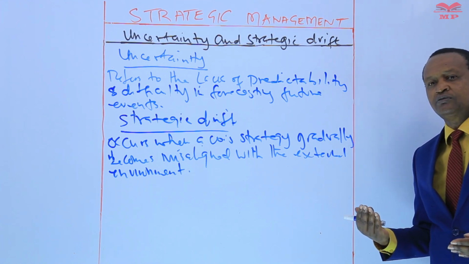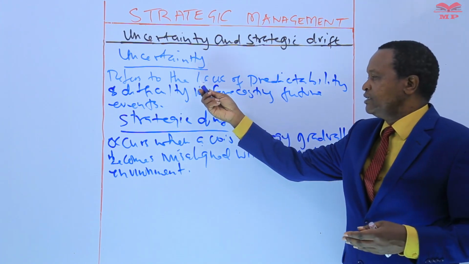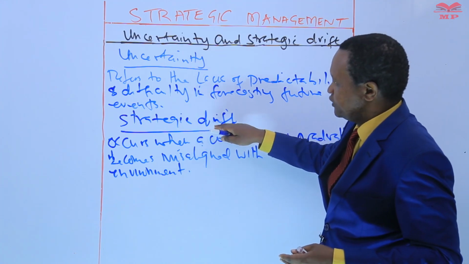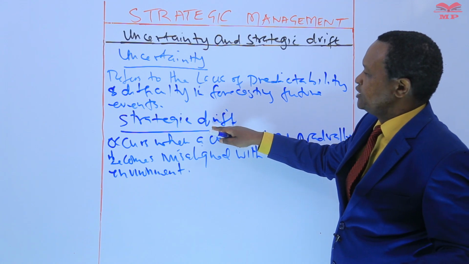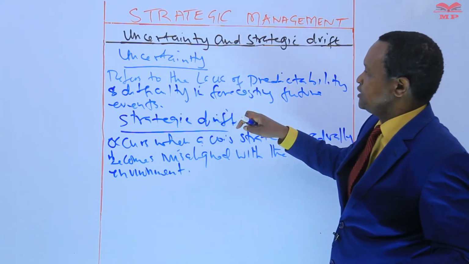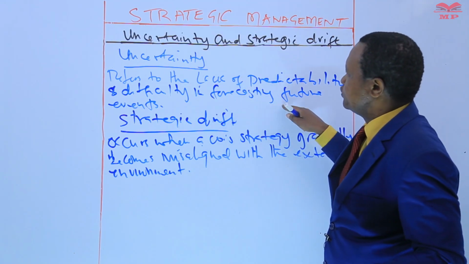You understand? We've said that uncertainty creates a breeding ground for strategic drift. That is to say, strategic drift happens due to uncertainty, which is the inability of a company to forecast future events.